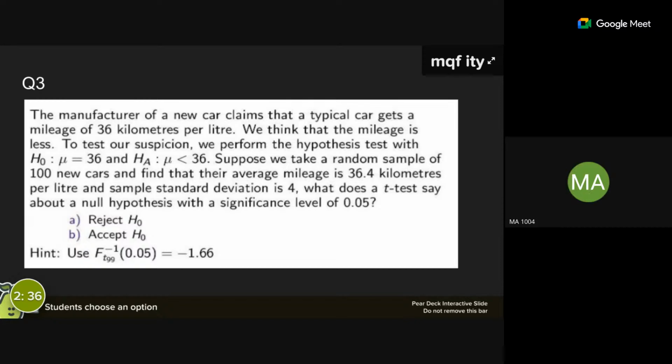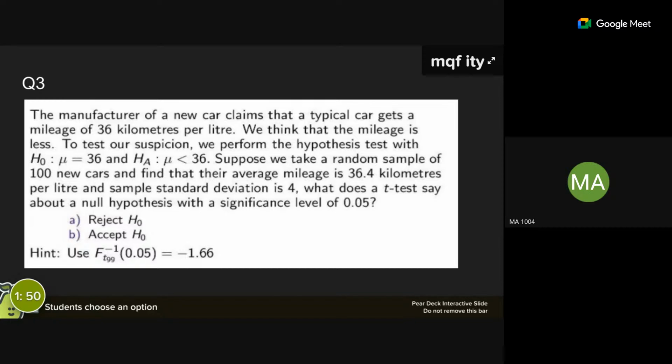Yeah. Or you can think of it like this. Let's say if we consider t greater than c, then what will happen? Just think of it. What is our target? Our target is to check whether the mileage is 36 or less than 36.